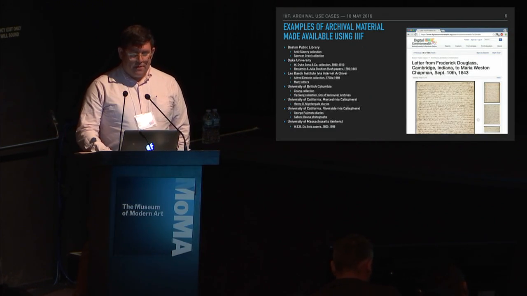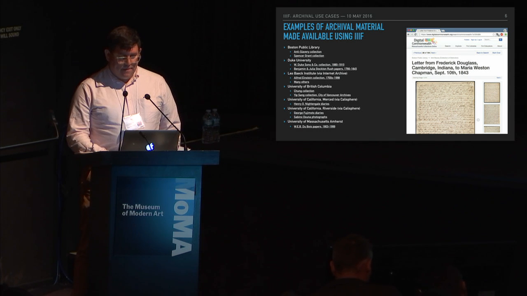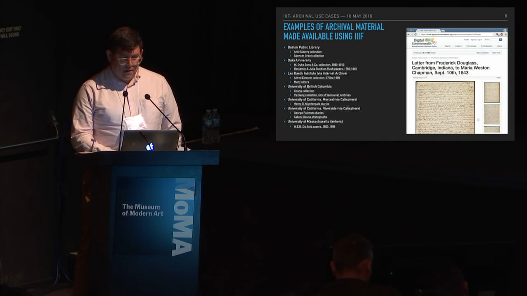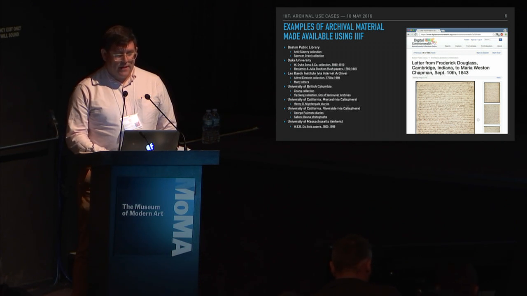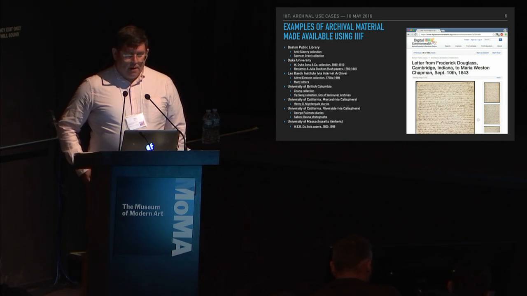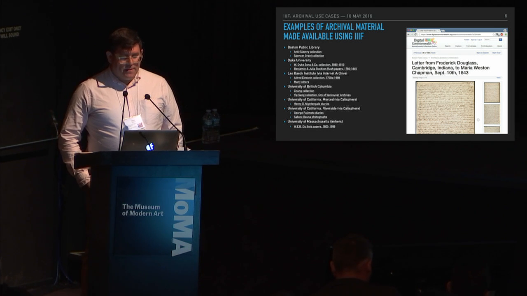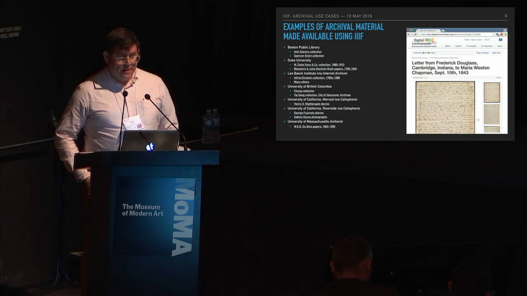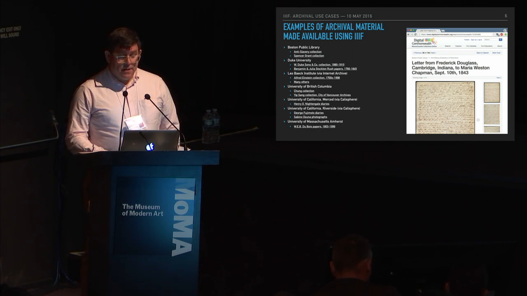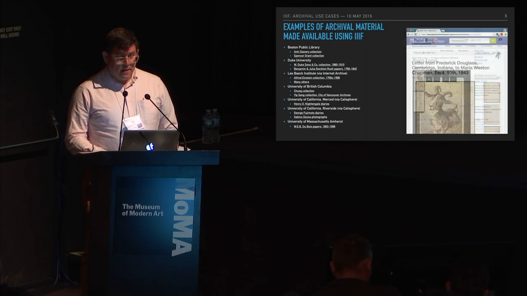So what kind of materials are made available over IIIF? This list is just a small sampling, but demonstrates a wide variety of content in terms of format. Boston Public Library makes over 3,000 of the 40,000 items in the anti-slavery collection available online, including correspondence, broadsides, newspapers, pamphlets, and more.